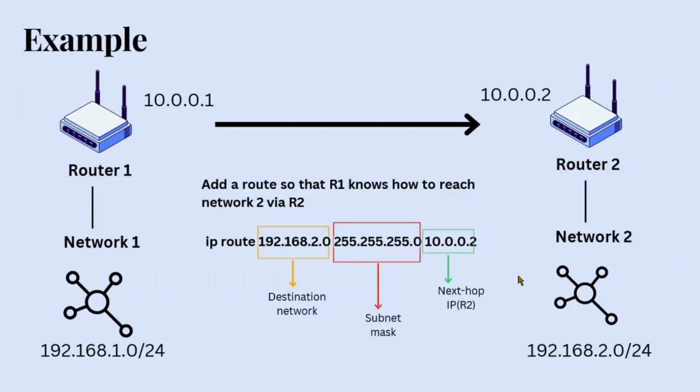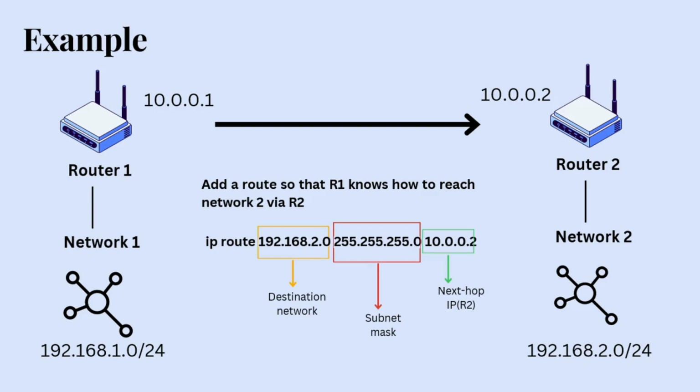Now let us look at an example of static routing. In this example, there are two networks, network 1 and network 2, which are connected through two routers, router 1 and router 2. The IP addresses are also mentioned. We need to add a route so that R1 knows how to reach the second network using the second router.